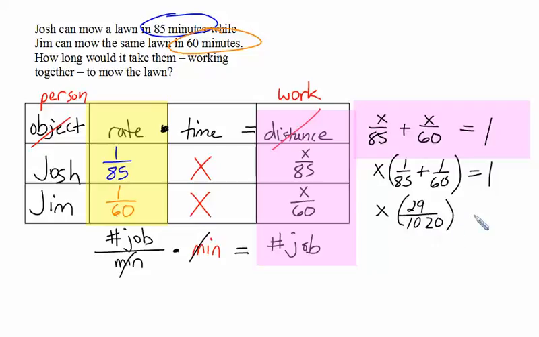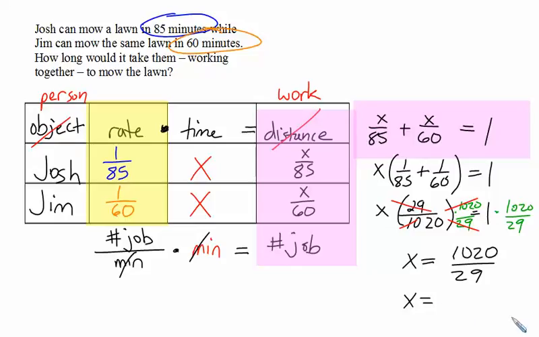Use the math convert to fraction on your calculator. And if we want to solve for x, we need to multiply both sides by the reciprocal, 1020 over 29, because they cancel on the left-hand side. And we would get x is equal to 1020 over 29.